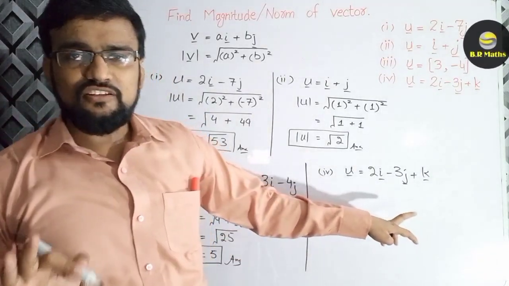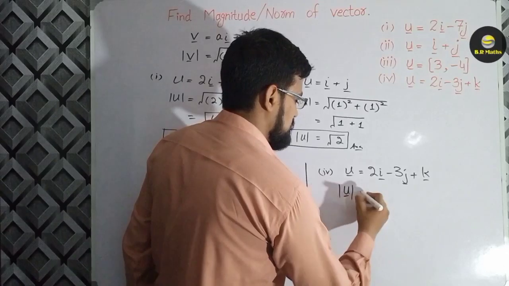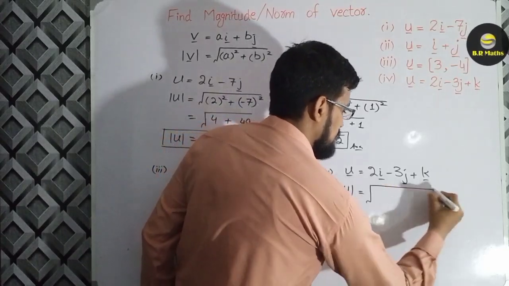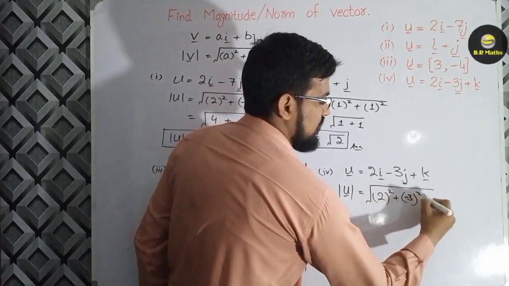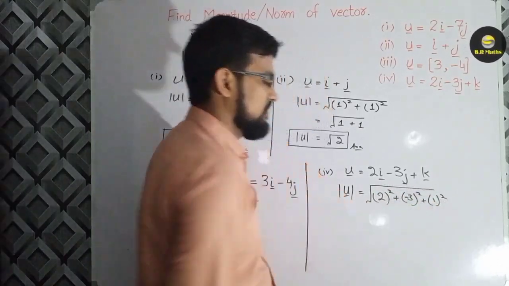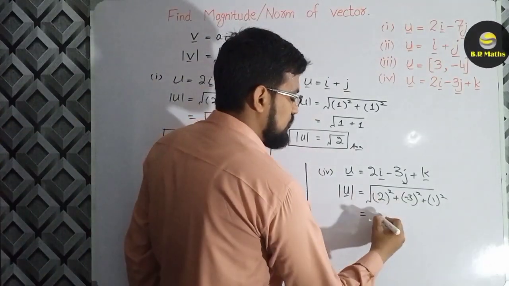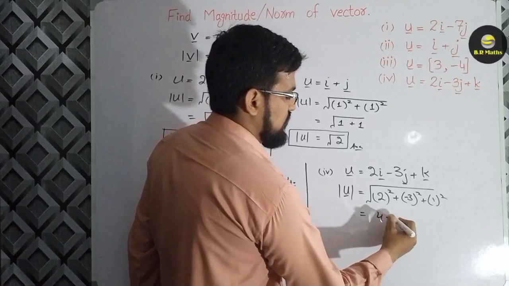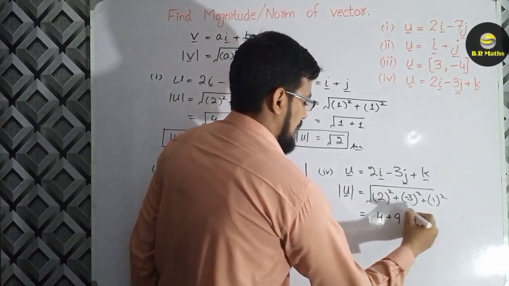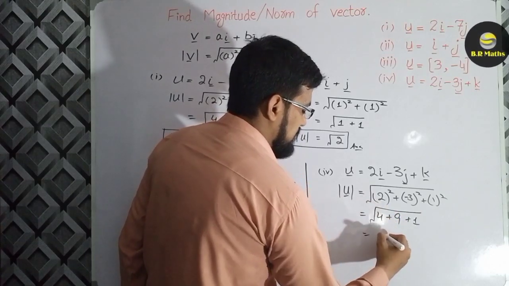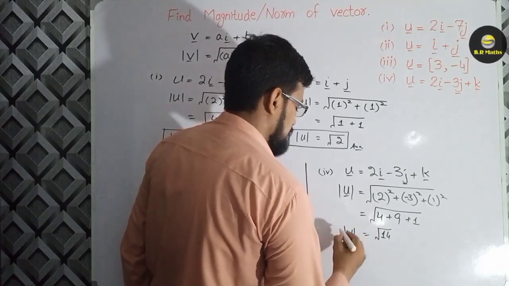In this vector there are three components, which means it is three dimensional, so the magnitude is the square root of 2 square, minus 3 square and 1 square. Simply, 2 square is 4, minus 3 square means 9 and 1 square means 1. And then the whole square root, and it becomes the square root of 14.